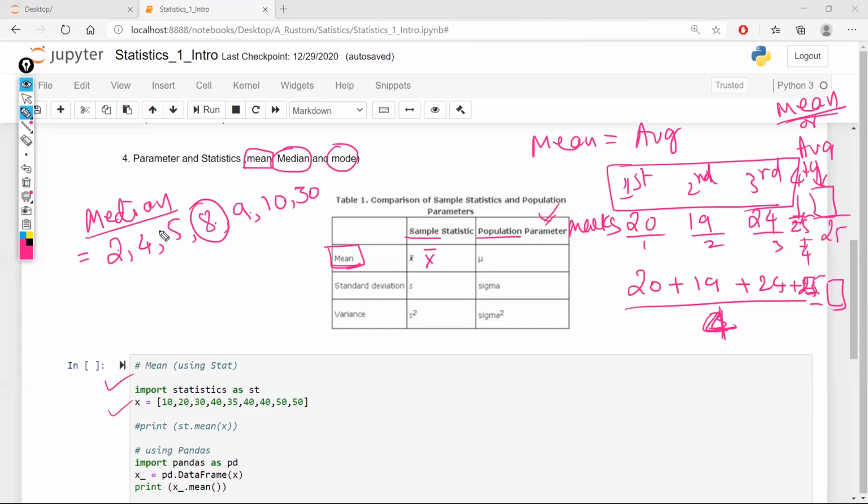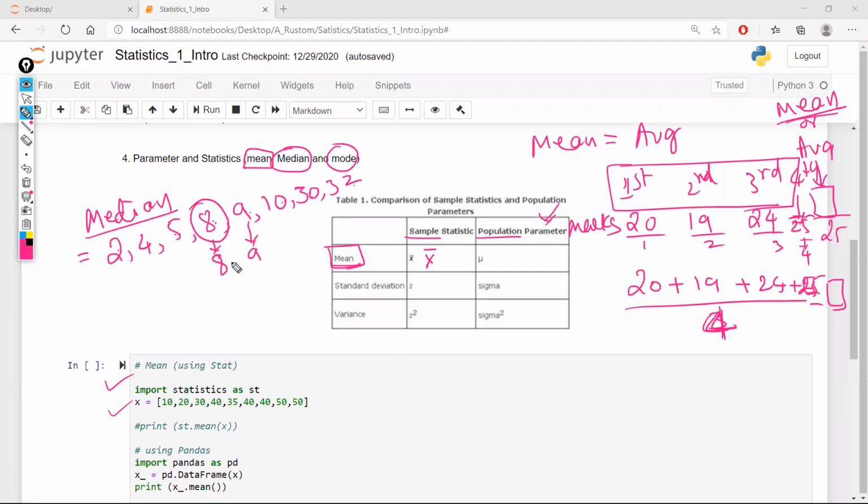So what if I have one more data point, 30 and here I have a 32? In that case, I have an even number of data points: 1, 2, 3, 4, 5, 6, 7, 8. Which one is going to be my median? In this situation, it is going to consider 8 and 9.